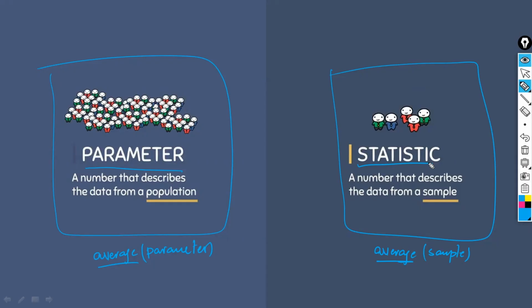For example, if I say sample mean statistic, you automatically understand it is the sample mean. If I say mean parameter, automatically you understand that is the population mean. Mean means nothing but average. Average in statistics is called mean.